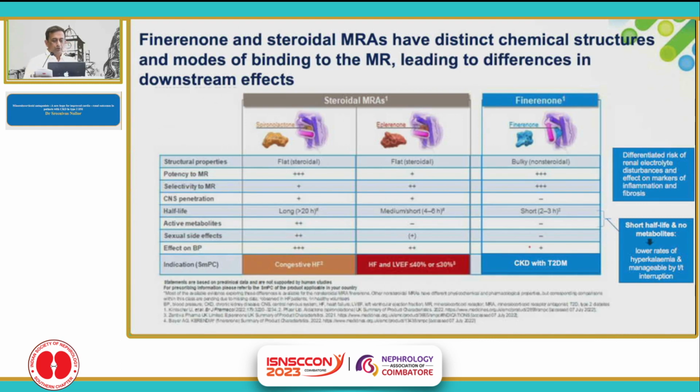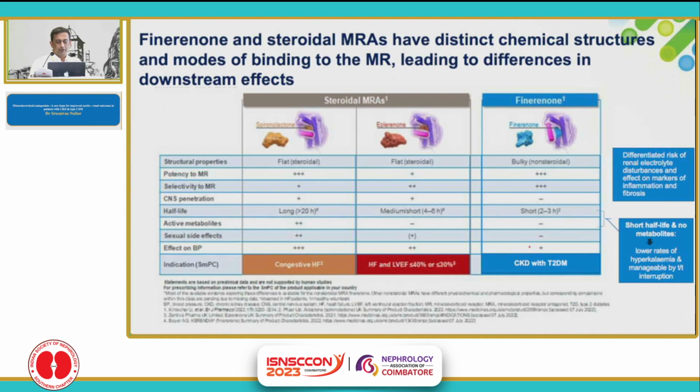So here is the comparison between the steroidal MRAs that we know, spironolactone and eplerenone, and the non-steroidal finerenone that we are talking about. The advantage of finerenone is it's very potent to the mineralocorticoid receptor. It is very selective. It has a very short half-life of about 2 to 3 hours.